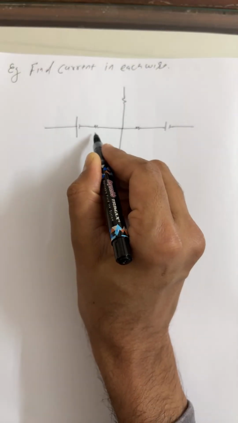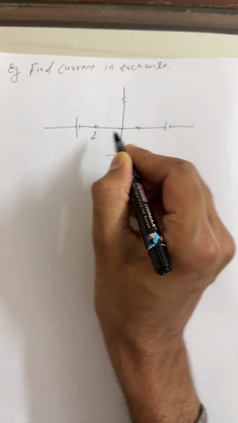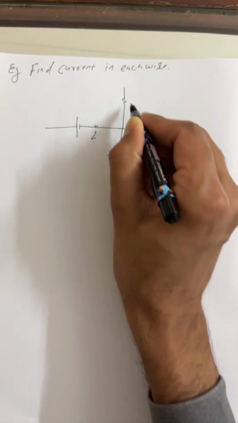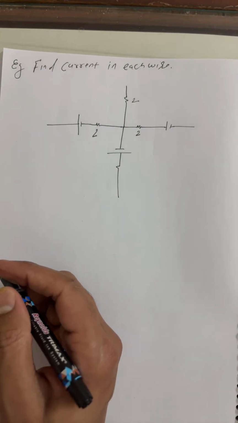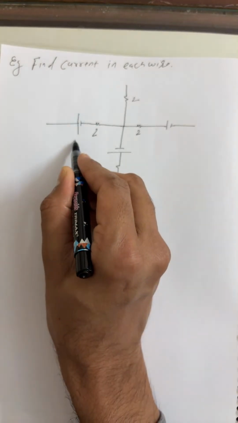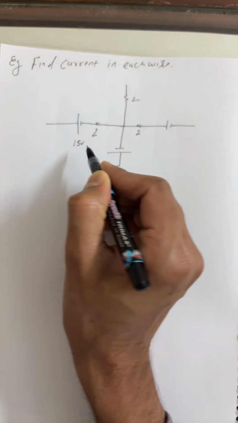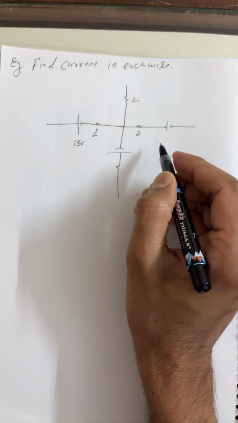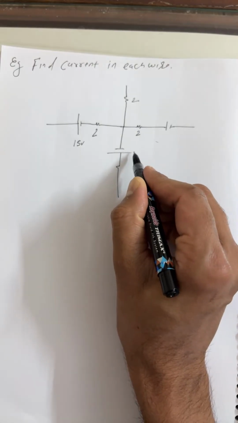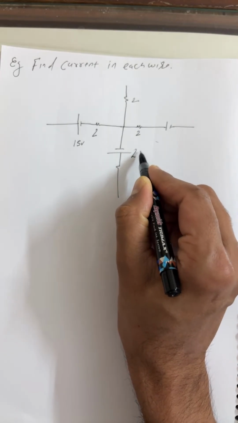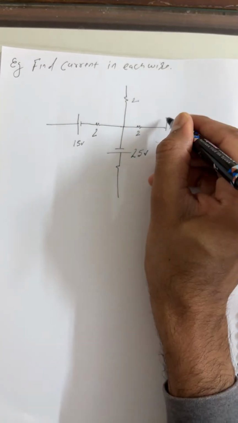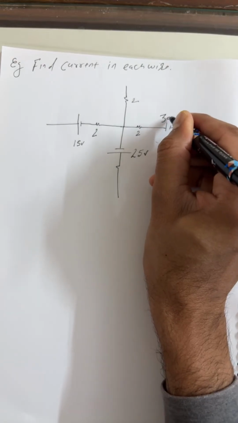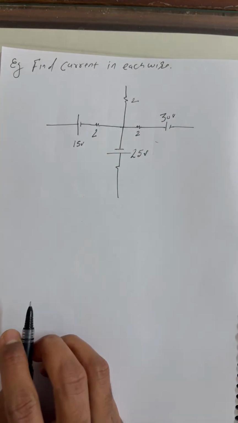Now, beta, all resistances as usual, you can take 2. All remains the same. You can take this as 15 volt, this 25 volt, this 30 volt.